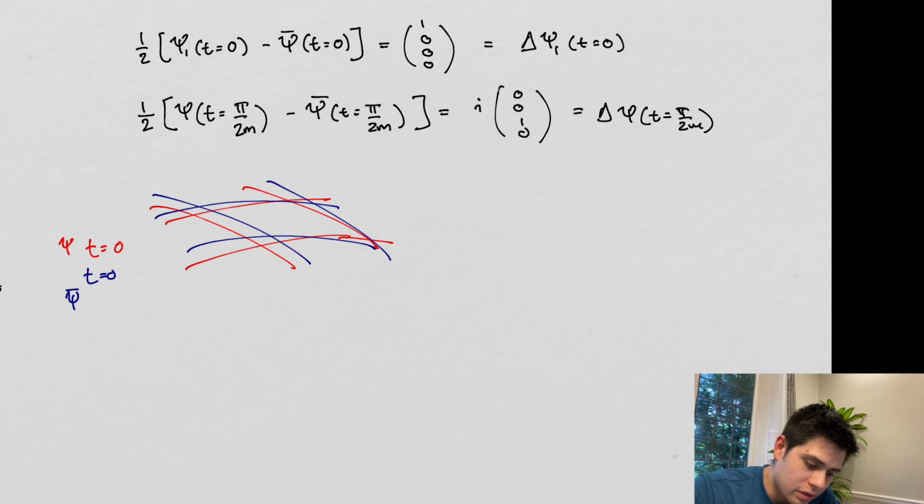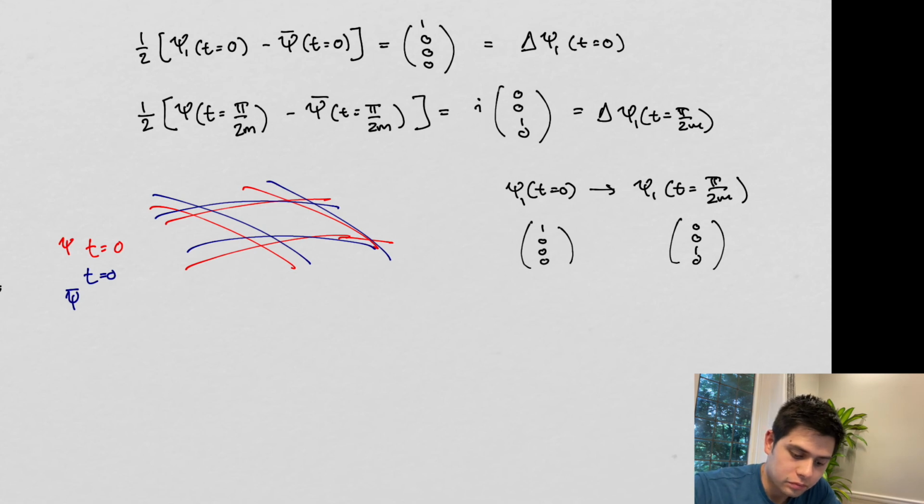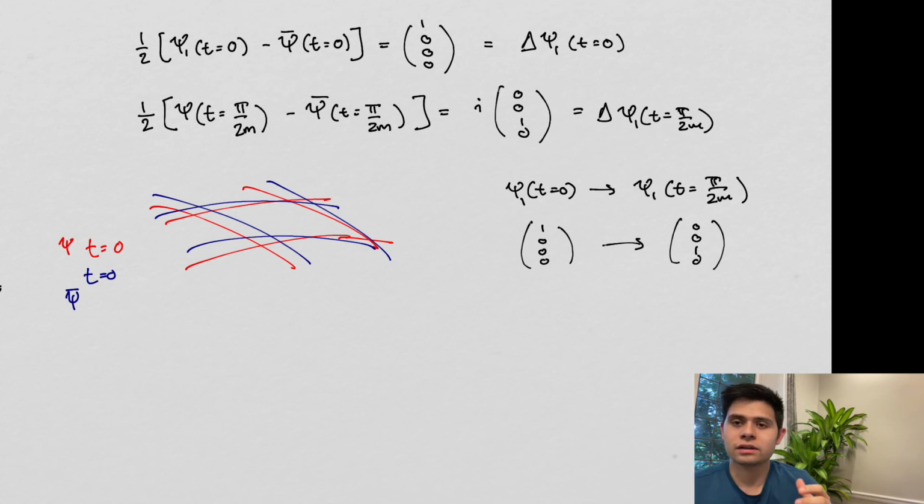What does this tell us? This tells us that at time 0, and we evolve in time to pi over 2m, we see that we went from 1, 0, 0, 0 to 0, 0, 1, 0. We did this evolution. We're evolving between basis vectors of the Dirac spinor.